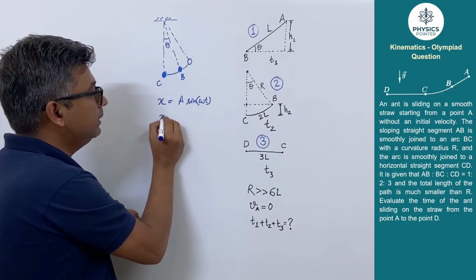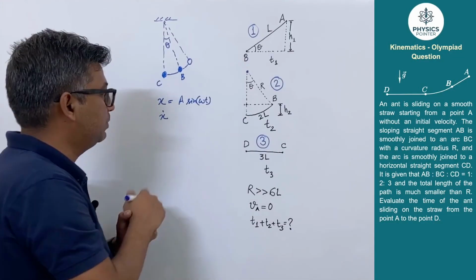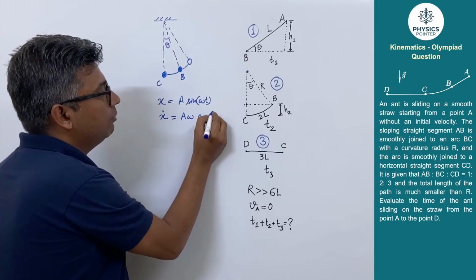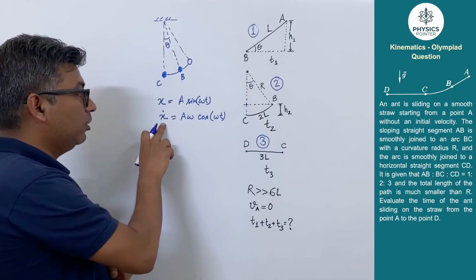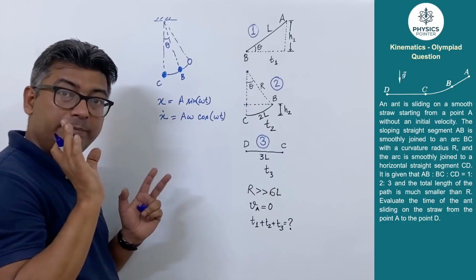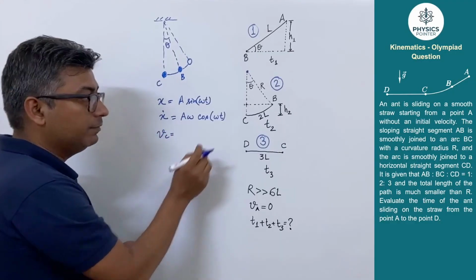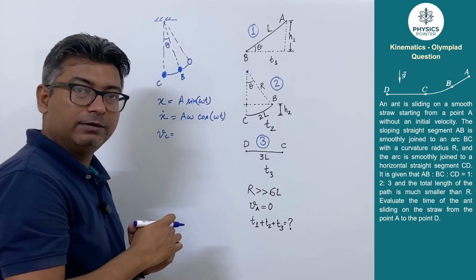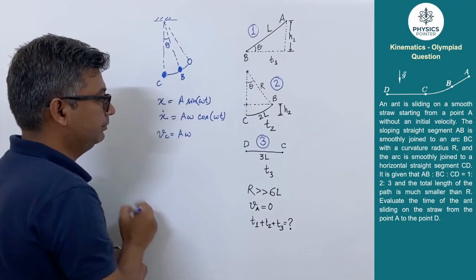If we differentiate it with respect to time, the velocity is a omega cos of omega t. Now, my velocity at C is the maximum value, so for maximum value, t has to be 0, and this expression for 0 value is 1. So this becomes a omega.